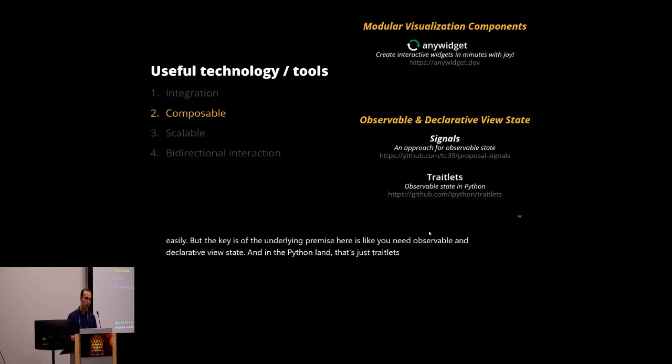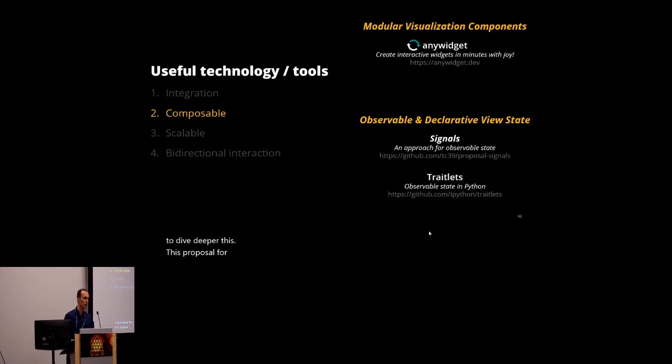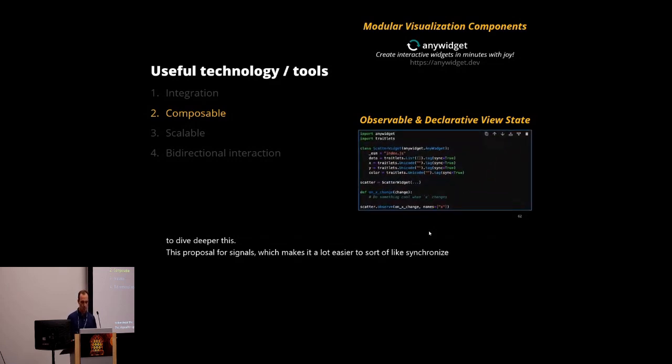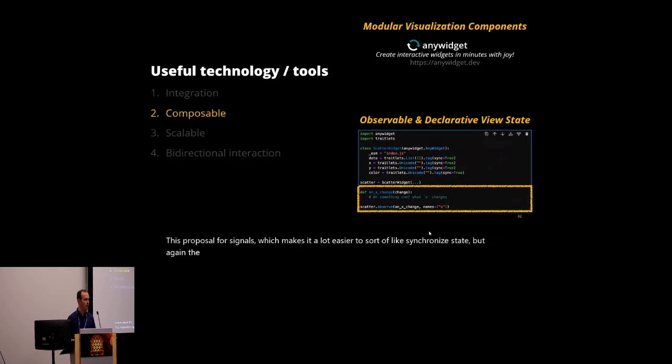And in JavaScript land, if you want to dive deeper, there's this proposal for signals, which makes it a lot easier to synchronize state. But again, the key idea here is you want state you can listen to, right? So if your component has some kind of setting and it changes, you want to be able to tell another component, okay, react to that.